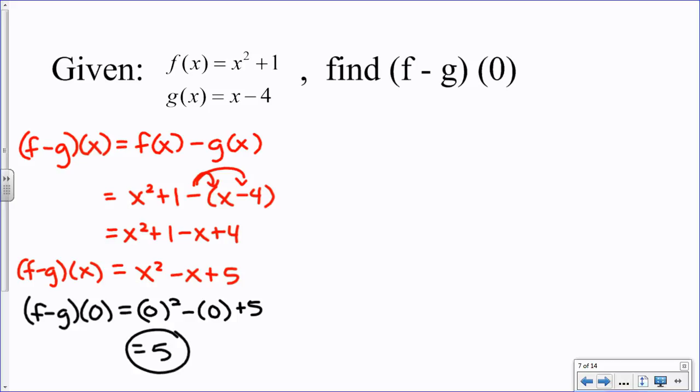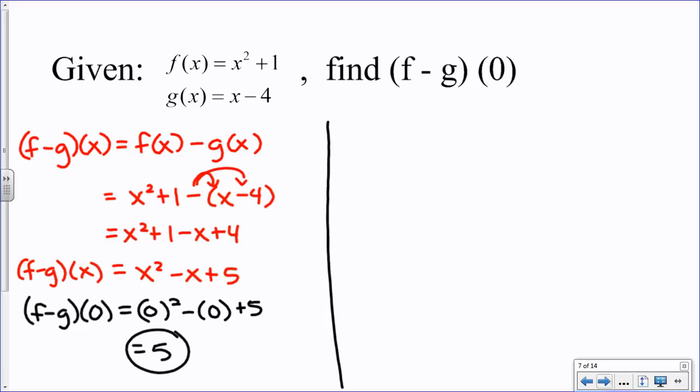That's your answer. So I had this option of subtracting the functions first and then plugging in 0, or I can evaluate first and then subtract.